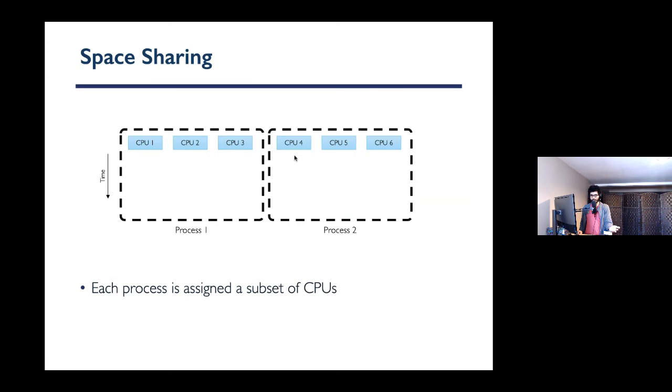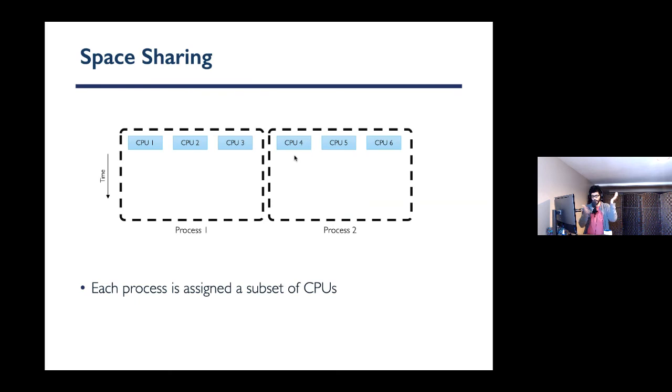It's called space sharing. You basically reserve a bunch of CPUs for your application, for your process, and you just bind them. You do a hard affinity definition. So you bind all your threads to a set of CPUs, and then you bind other CPUs to other threads, and so on and so forth.